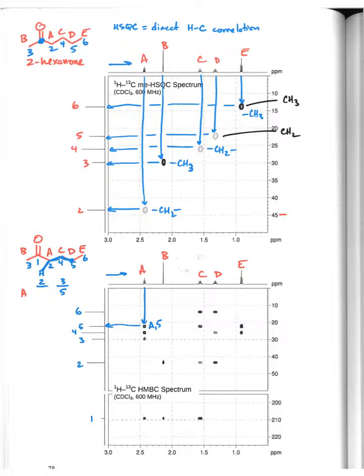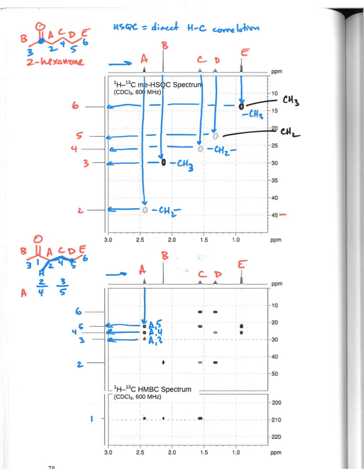You can see that in the column of A, there are multiple peaks. So A sees 4 as well. So for HA to see C4, that's a 2-bond correlation. It also sees 3.